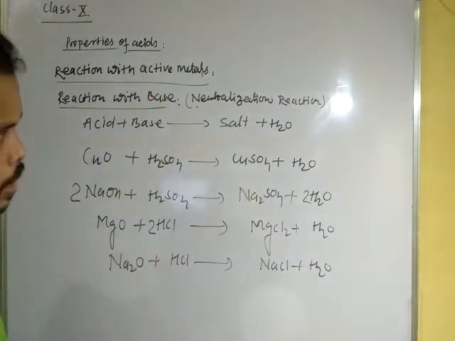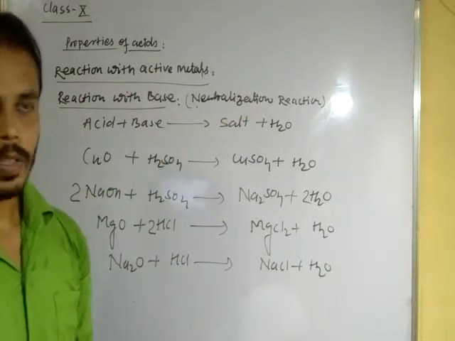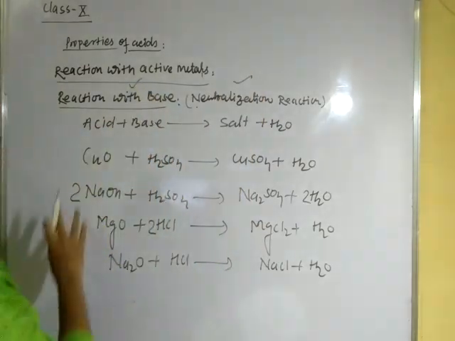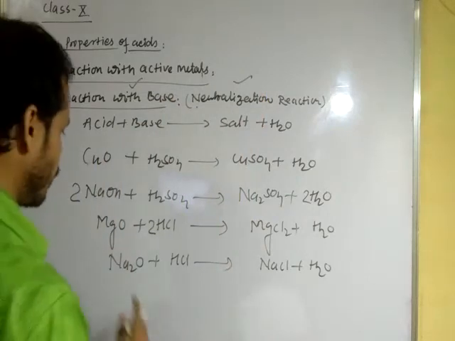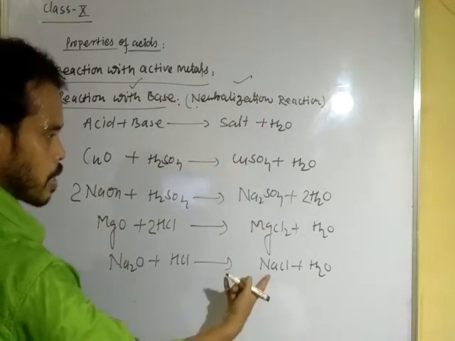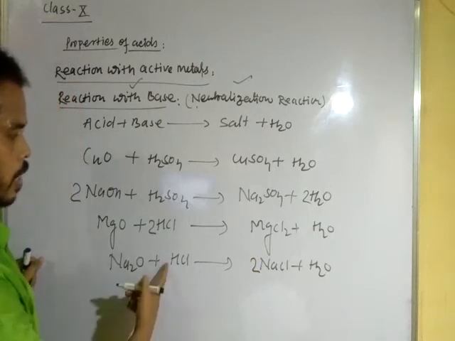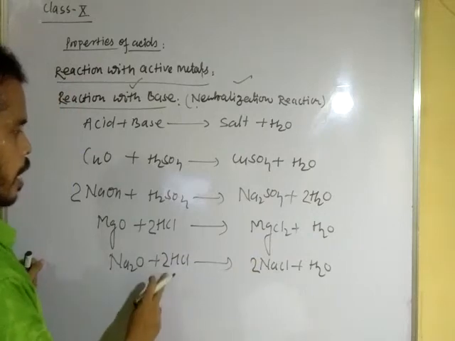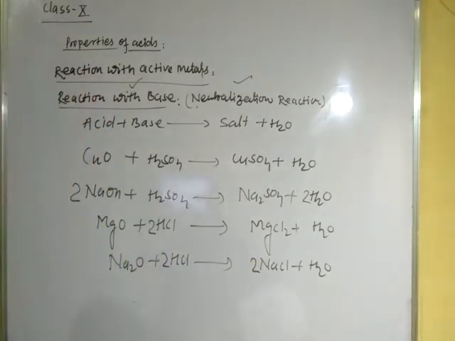Now you can see in all the cases salt and water are formed. This reaction is known as neutralization reaction, or reaction of acid and base, or base and acid, the same reaction. Now to balance the sodium atoms multiply NaCl by 2, and also we have 2 chlorine, so multiply H2O by 2 as well. The reaction is balanced.